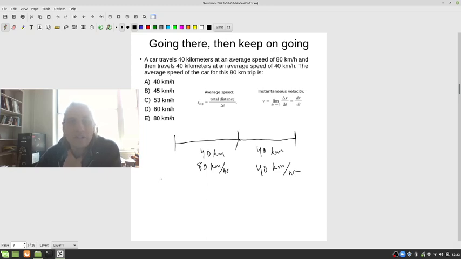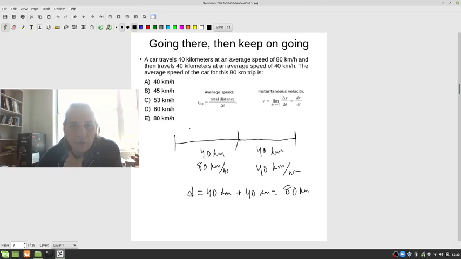Okay, the average speed of the car for this 80 kilometer trip is, well, you know the total distance, which is just going to be 40 kilometers plus 40 kilometers equals 80 kilometers.